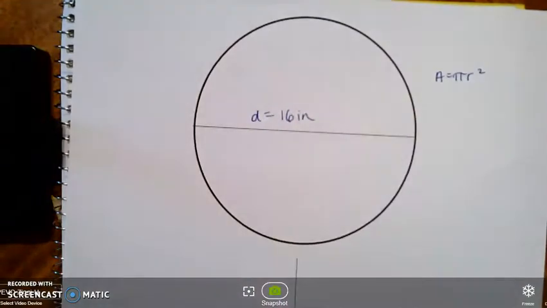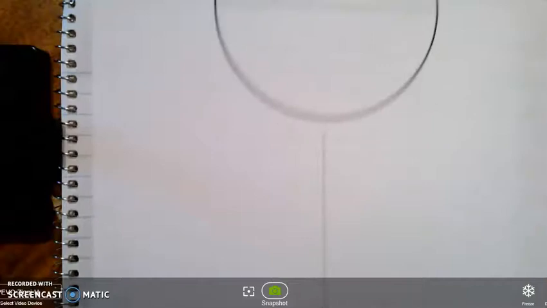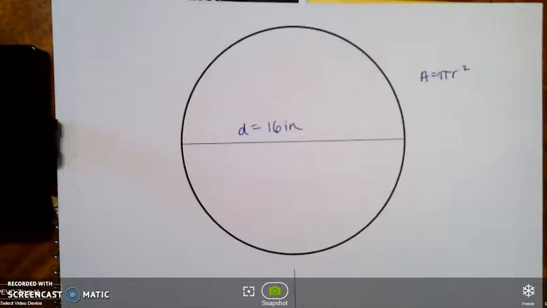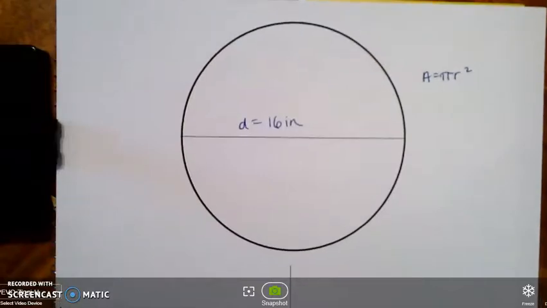It goes all the way across. If you notice down here, I broke this paper up into 4 sections, because we're going to find area of a whole circle, a semicircle, a quarter circle, and a 3/4 circle. We're going to do that from the same circle each time, just so that you can see how simple it is.